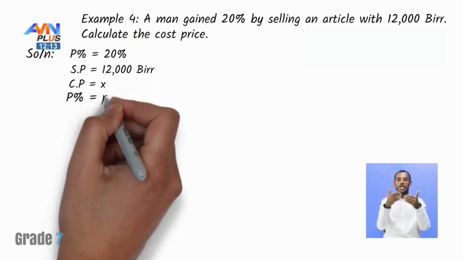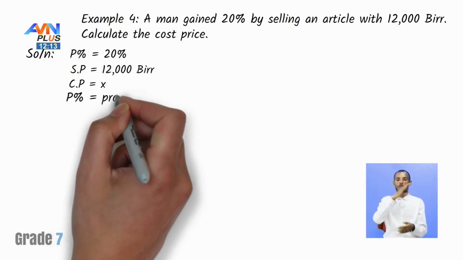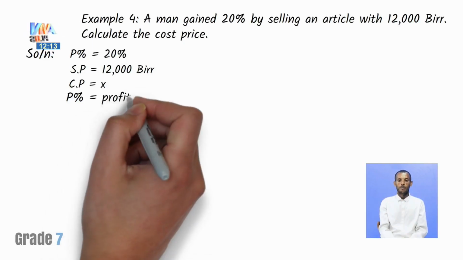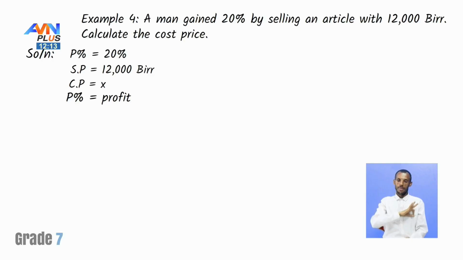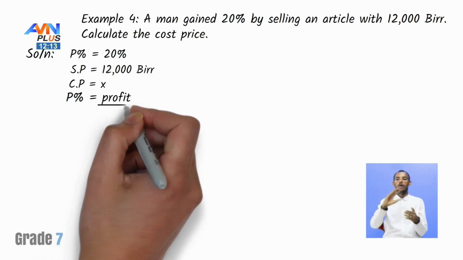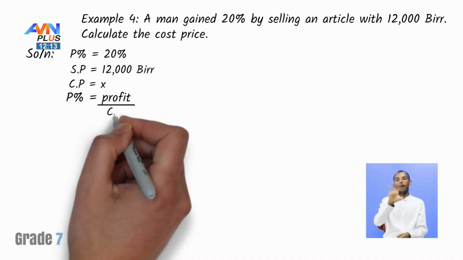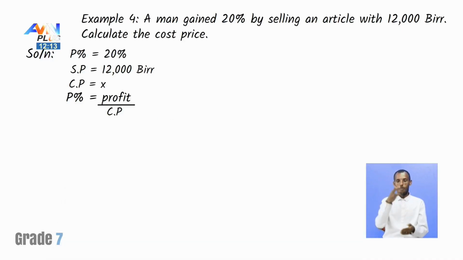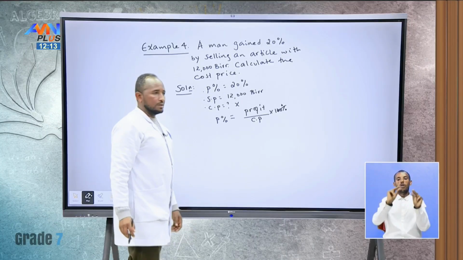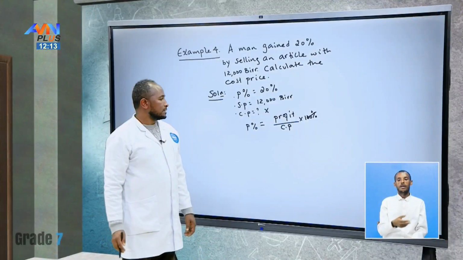Profit percent is equal to profit divided by cost price times 100%. But in this case, since profit percent is given, no need of multiplying the given formula by 100%.